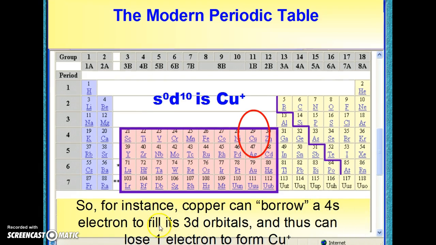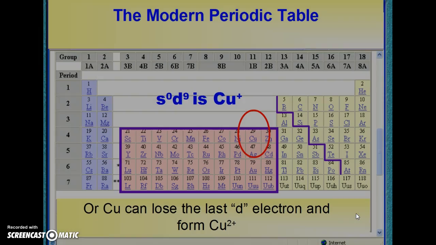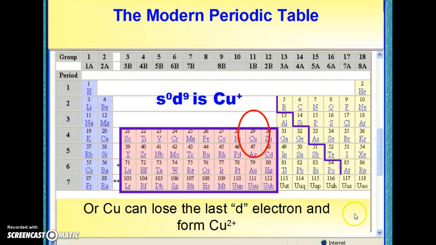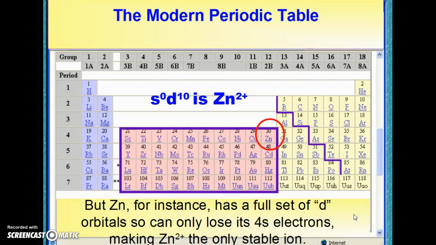Copper can borrow a 4s electron and drop it into the 3d orbital and lose 1 electron to form Cu+. Or it can lose the last d electron and form Cu2+. Zinc has a full set of d orbitals, so the only electrons it ever loses are the ones in the 4s orbital.